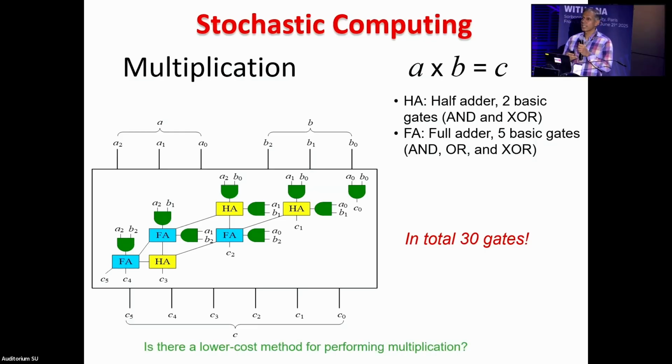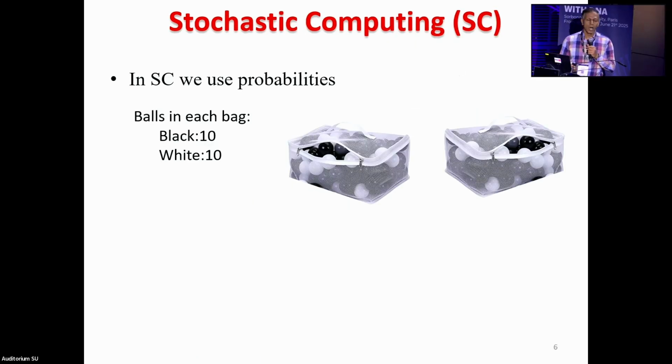The question is, is there a better or a lower cost method for performing computation? And this is where we have stochastic computation. I introduce the idea with a simple example. Assume that we have 2 boxes and each of them has 10 black balls and 10 white balls.